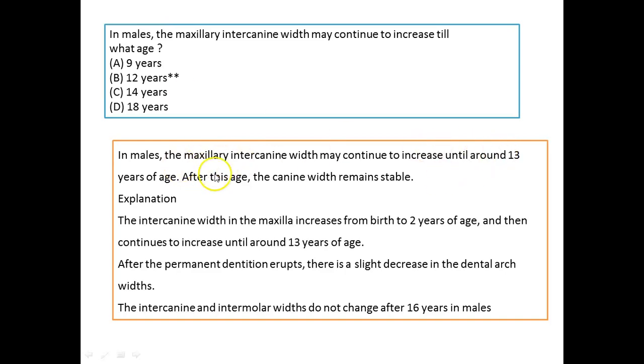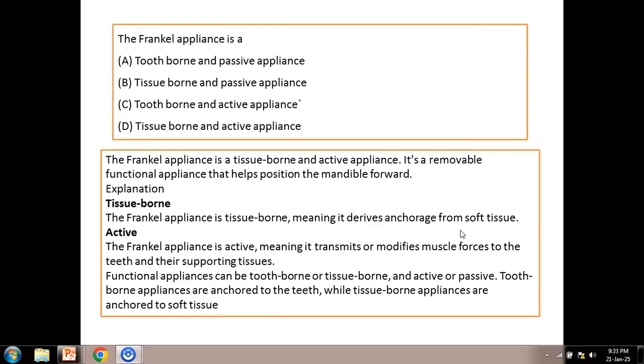Till 13 years the maxillary intercanine width will increase, and after that it remains stable. It also increases from birth to 2 years and then continues to increase till around 13 years. After the permanent dentition erupts completely, there will be a slight decrease in the dental arch width. And remember, the intercanine and intermolar width do not change after 16 years in males.